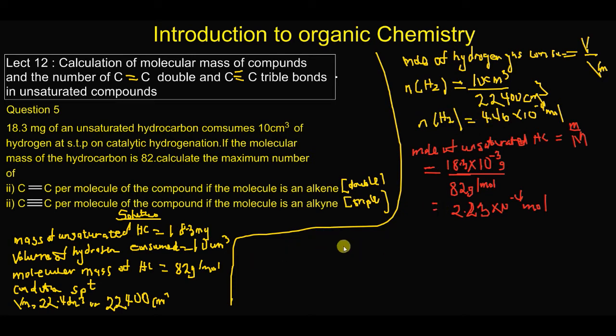How do we find the number? I told you, by mathematics. The number of double or triple bonds within the compound is proportional to the mole of hydrogen consumed.